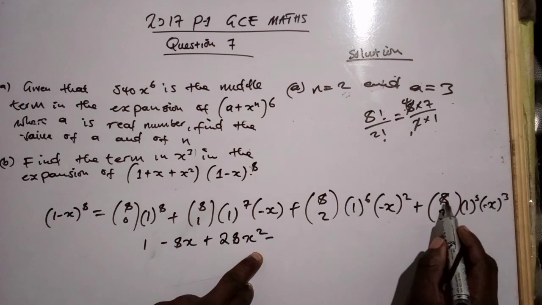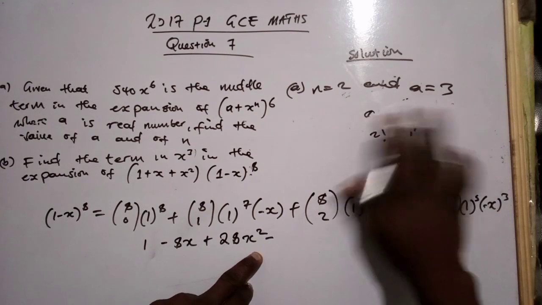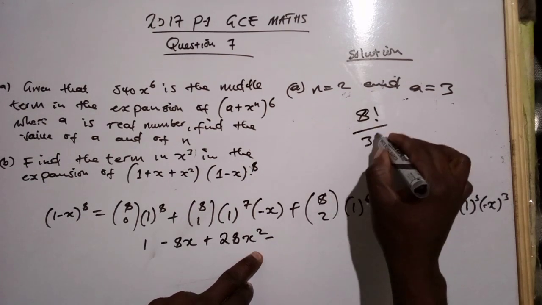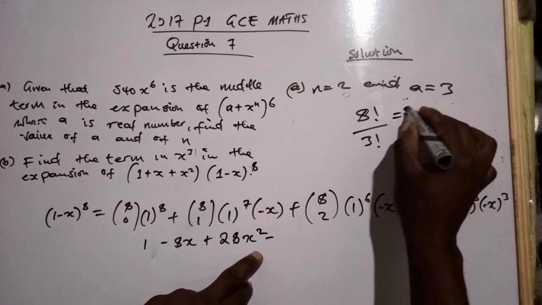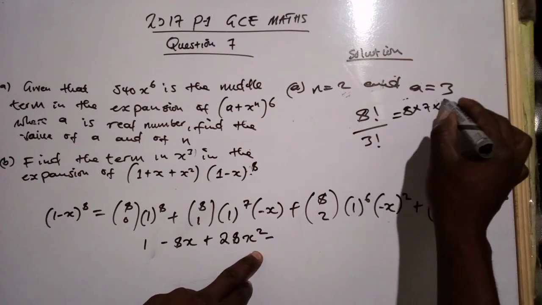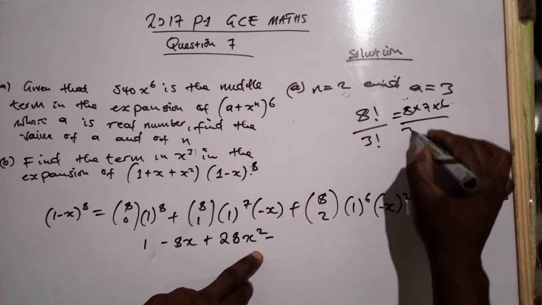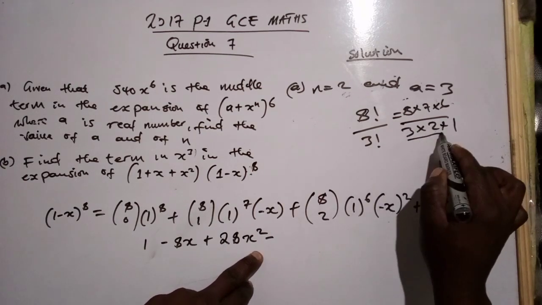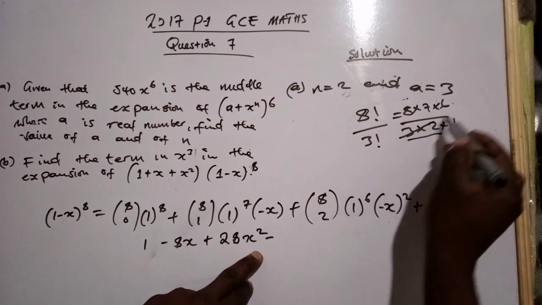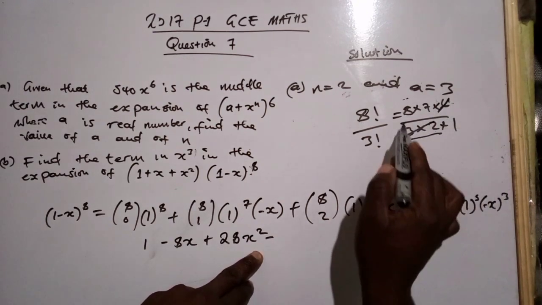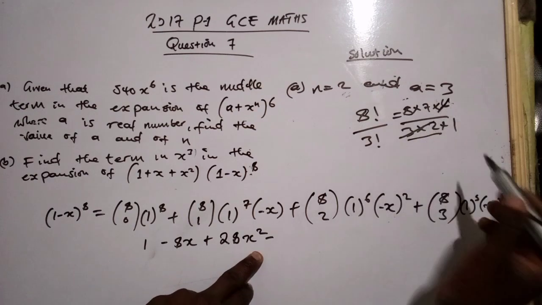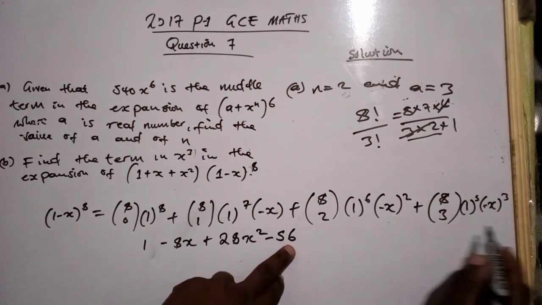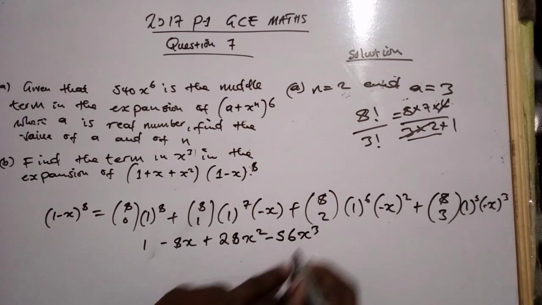Then when 8 takes 3, you're going to have 8 times 7 times 6, right, over 3 times 2 times 1. Then here you are going to have 6. So this 6 and this 6 go, you remain with 8 times 7, you are going to have minus 56x cubed.